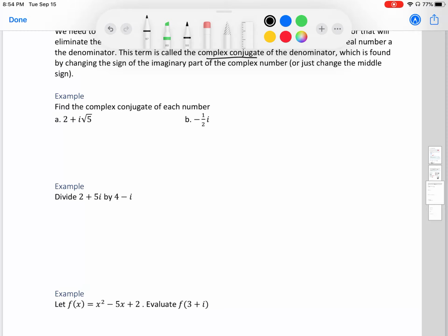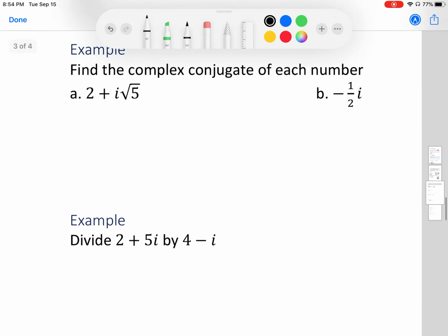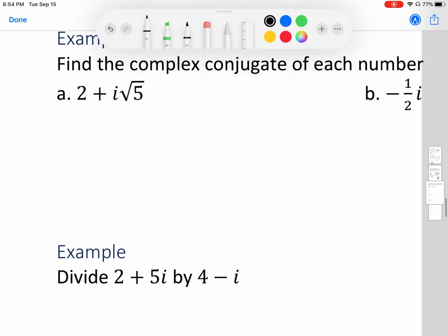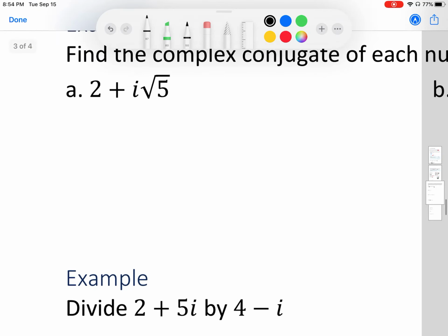Okay, so this first example is just helping us establish what a conjugate is. So example, find the complex conjugate of each number. So for A, I have 2 plus 5i. I change that plus to a minus. So our conjugate would be 2 minus 5i.